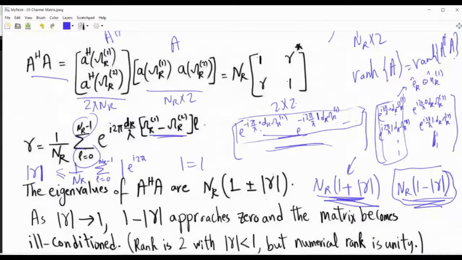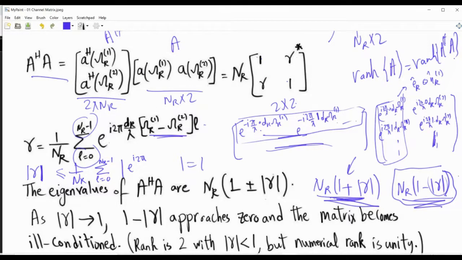Okay, so this is if we talk mathematically. But from a practical point of view, the matrix is rank deficient, so its rank is 1 and not 2, if the magnitude of gamma is close to 1. We do not really need it to be exactly 1. If it's close to 1, then we have the so-called numerical rank.